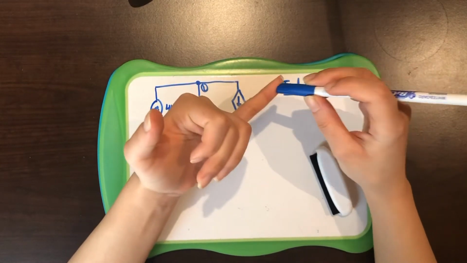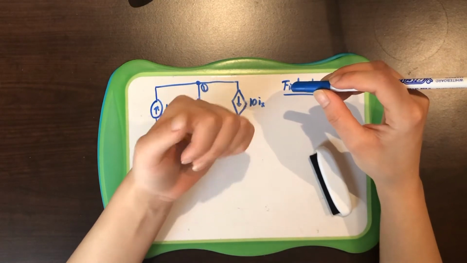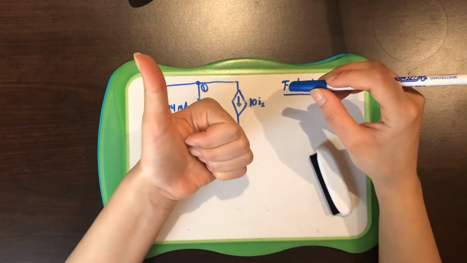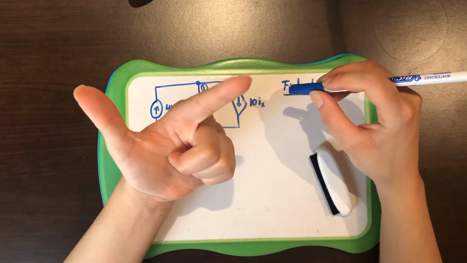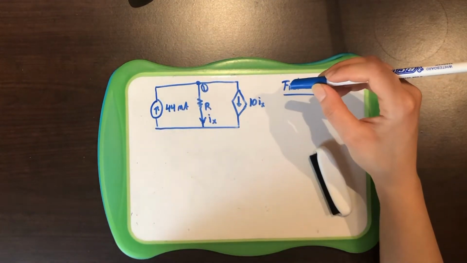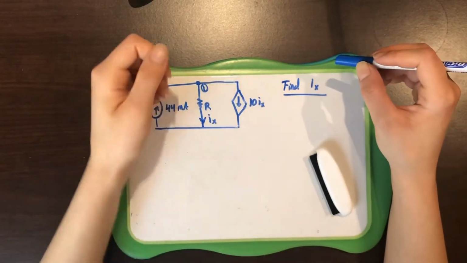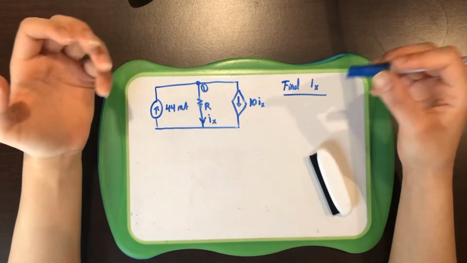So again, the dependent voltage sources depend on a current in the circuit or the value of a specific voltage in the circuit. And dependent current sources can also depend on either a current or a voltage value.